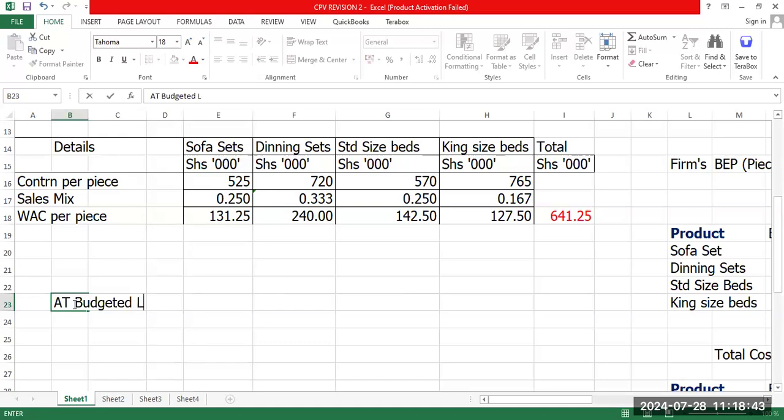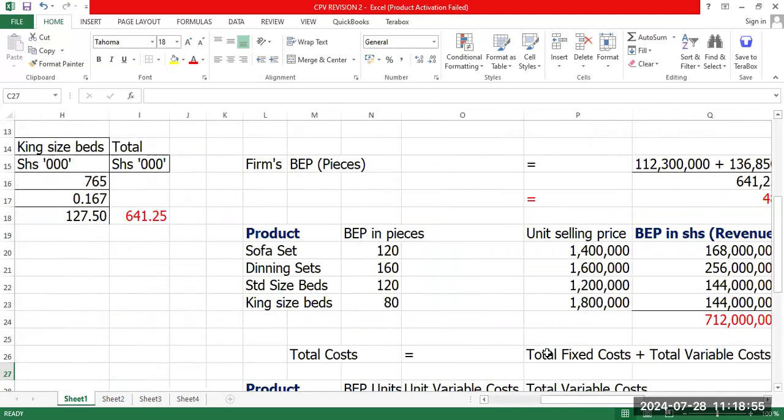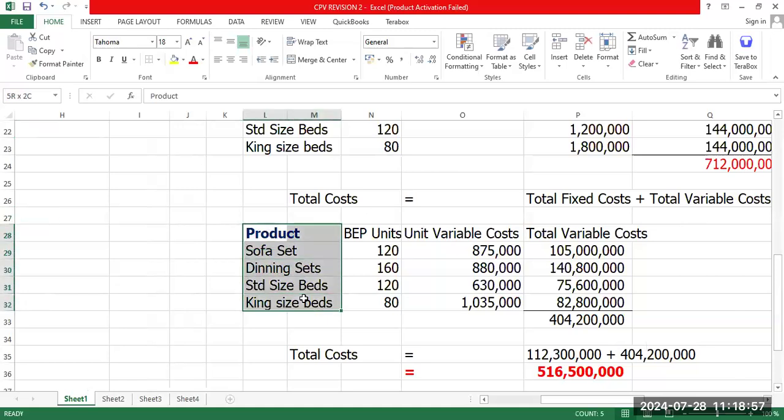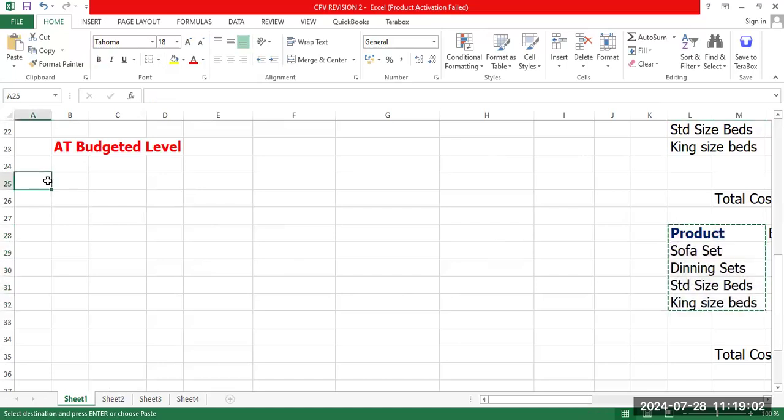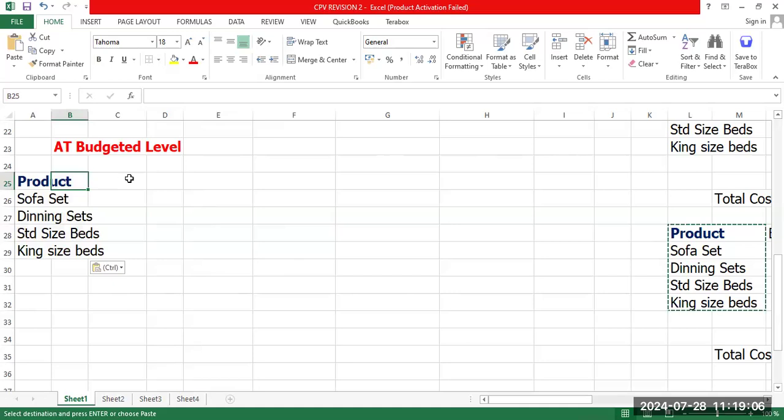At budgeted level, what will be your coordinates? I can copy this, because we can do everything at once.